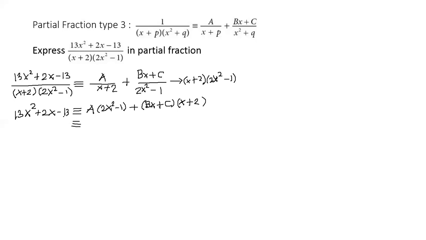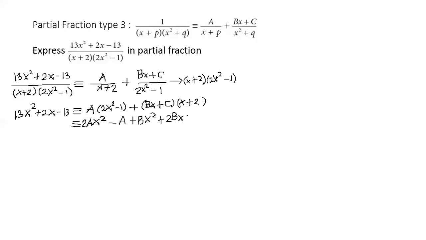13x squared plus 2x minus 13 is identical to 2a x squared, and a times negative 1, minus a. And bx times x is bx squared. Then bx times 2 becomes 2bx.